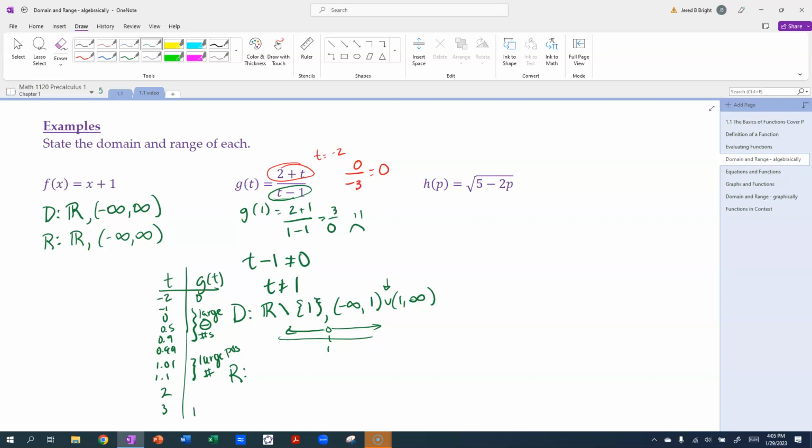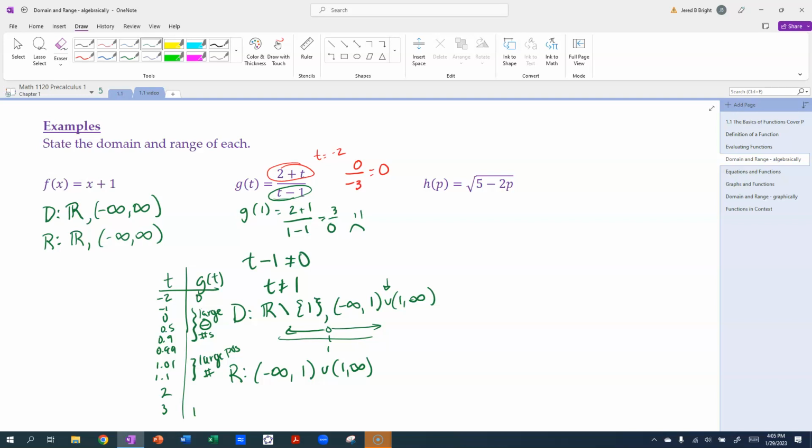I don't like finding the range algebraically because it is literally just plugging and guessing and checking and seeing what you get. The range ends up being -infinity to 1 union 1 to infinity. We'll confirm this in another method coming up.